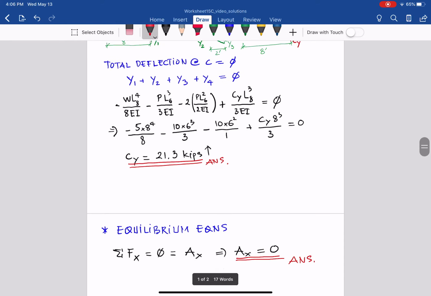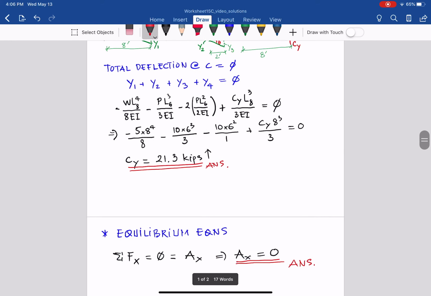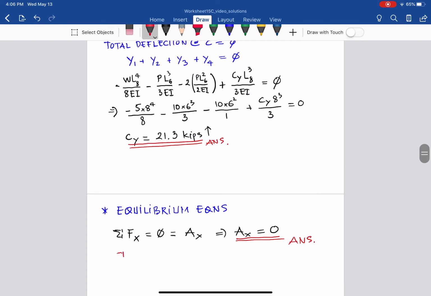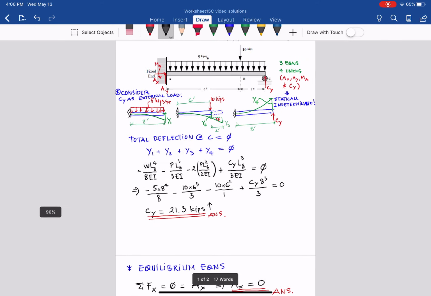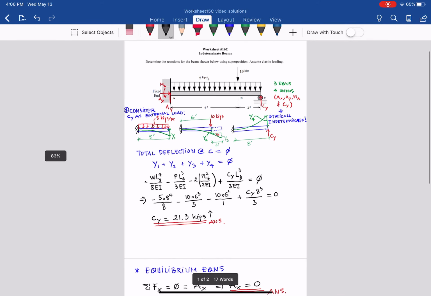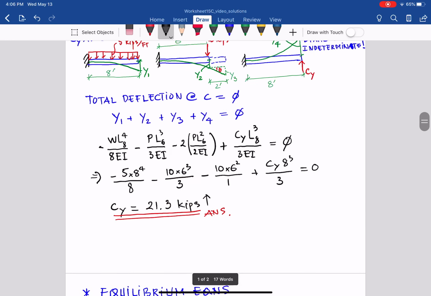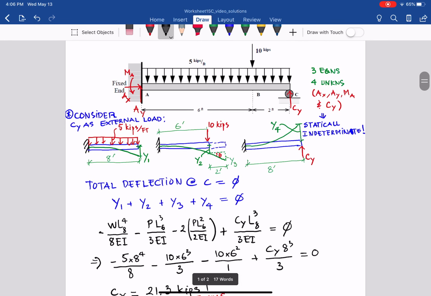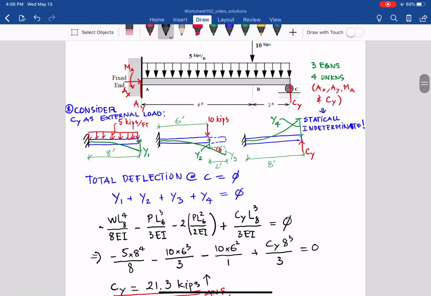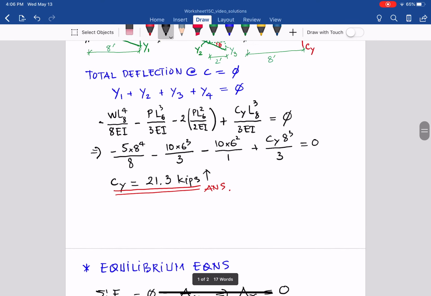And then the y direction: sum of all the forces in the y direction equals 0. What do we have here? AY going up, and then 5 kips times 8, 40, negative 40.